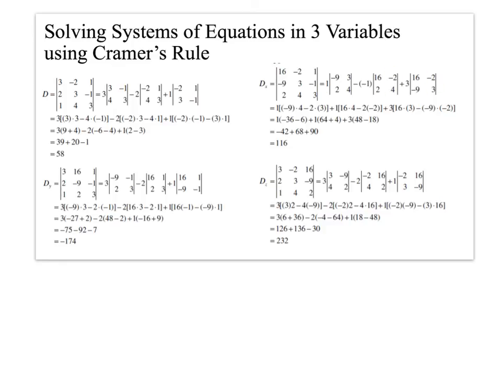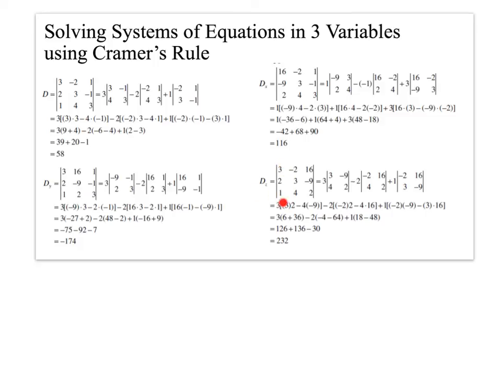Again, for what column you use as your coefficients, I would suggest using the column that has the most ones. So in dy, they use 3, 2, and 1. I would probably go back and use 1, -1, and 3 if I were doing it, but it doesn't matter. And again, for dz, they did 3, 2, and 1.